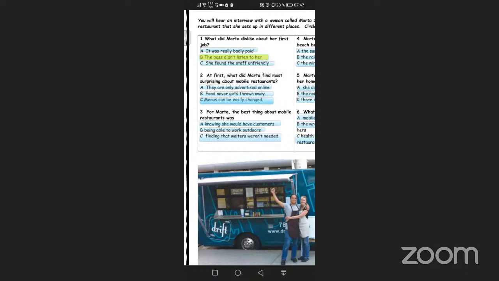The option A. Remember she was saying that she would just take reservations online, and she could even cook at home, no? And then she can just take it there, and in that way food will not get thrown away. But the most surprising or interesting thing was that you get reservations online.